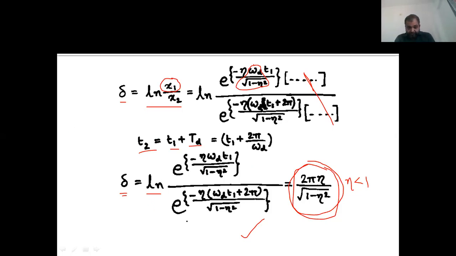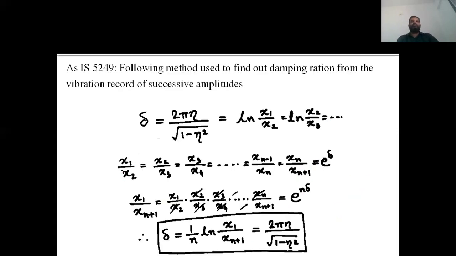Or you can use the value of eta here and find out the same delta. Whichever value is feasible, whichever value is available with you. So now the question that remains is, if you refer to IS 5249, which specifies the method to find out the damping ratio from the vibrational record.